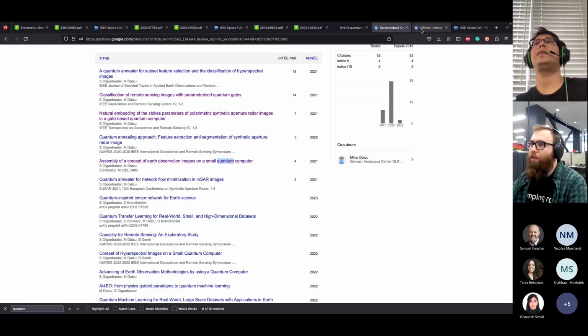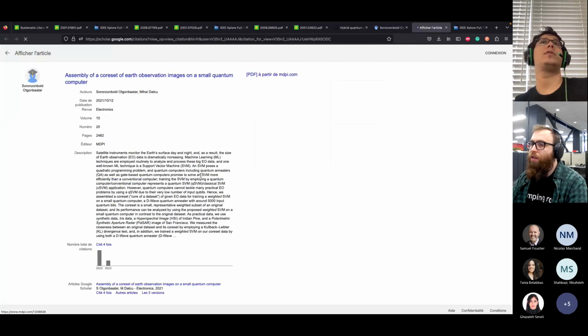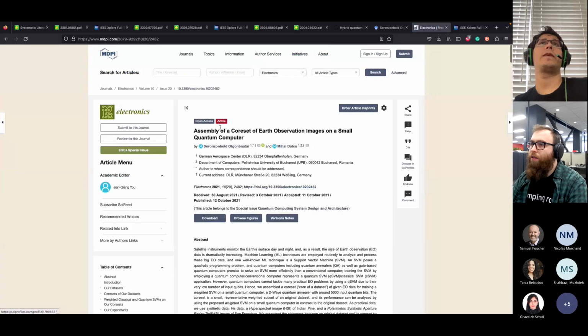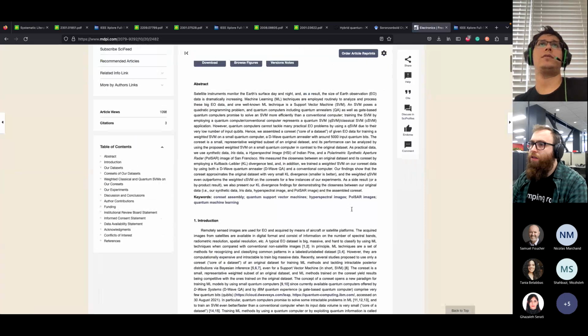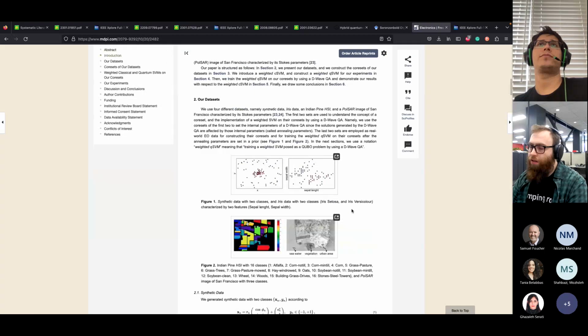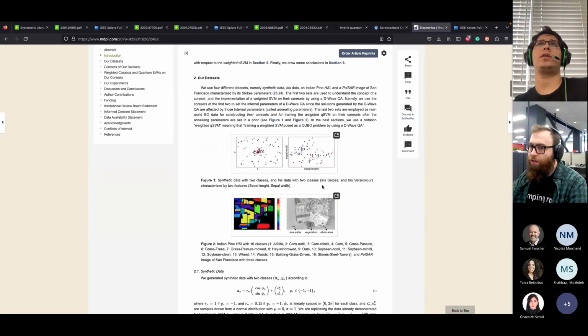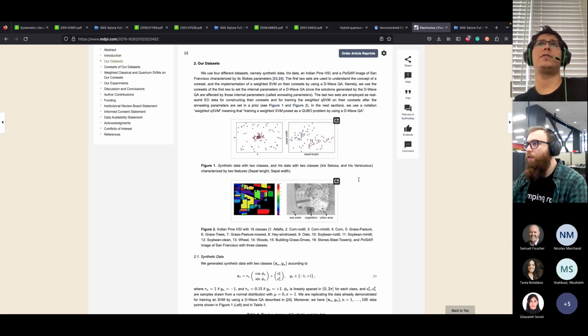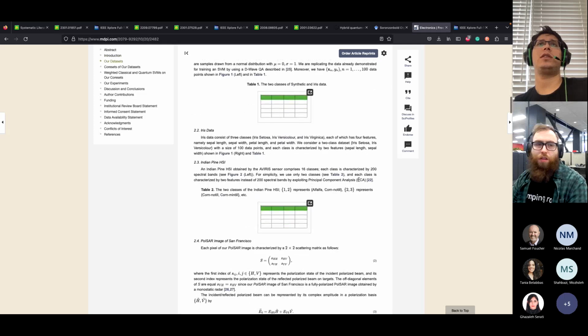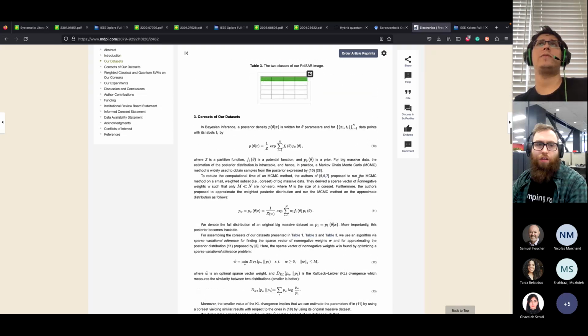Let's see if they use gate-based first. Oh, I think here they're looking at the iris dataset in this case, which you already know.